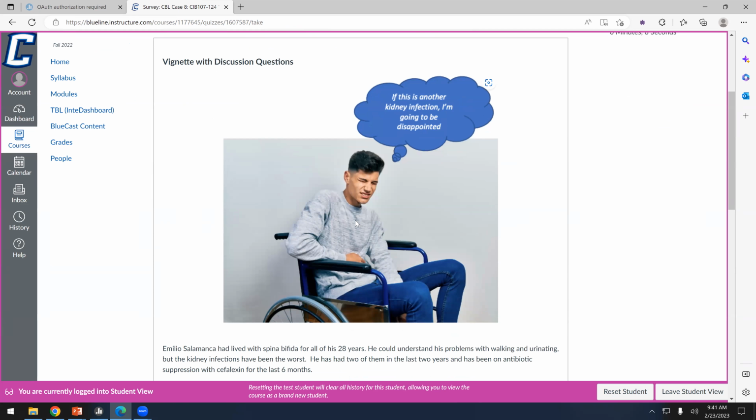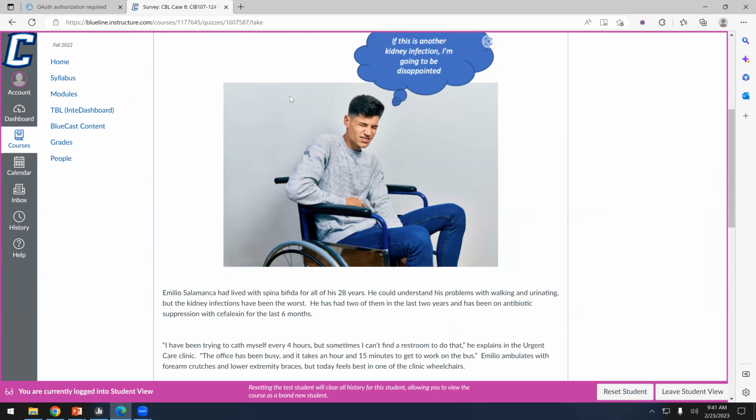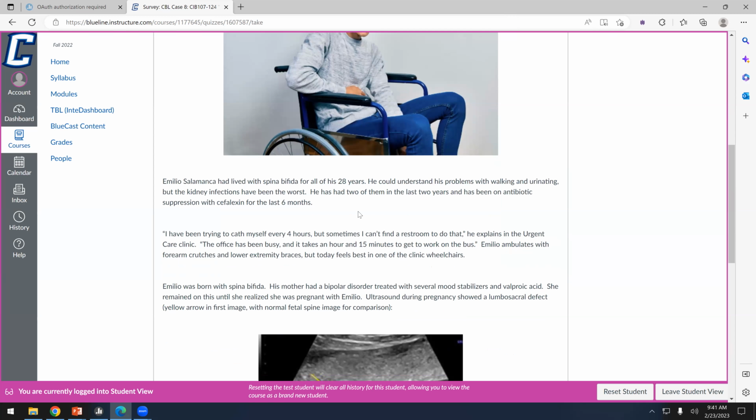There are a series of vignettes, usually 8 to 10, that take the student from first introduction to the patient or to the situation. It's not an H&P; it is a vignette generally from the patient's perspective, and the students work their way through the clinical decision-making that would typically occur by a physician or healthcare provider.